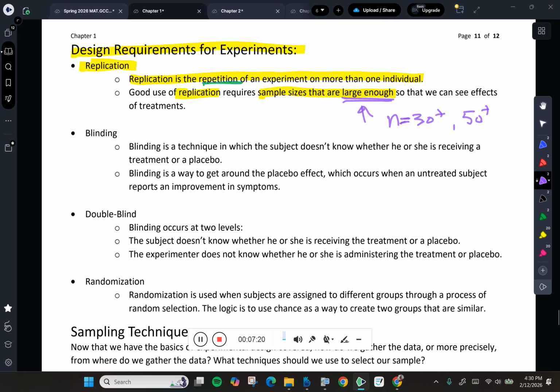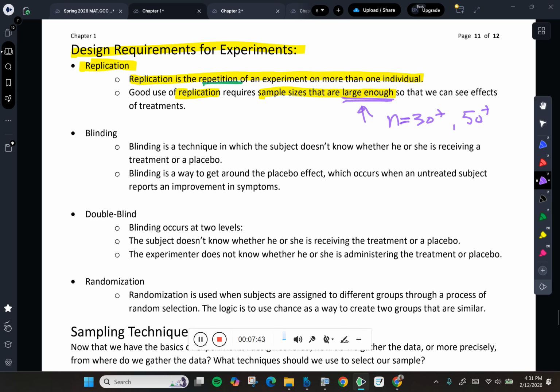Obviously, the larger the group, the more we can argue for the outcomes. We can use the outcomes to predict things, but at the same time, larger groups cost more. They cost more money, they cost more time, they cost more of everything. So there's a balance that has to be found.